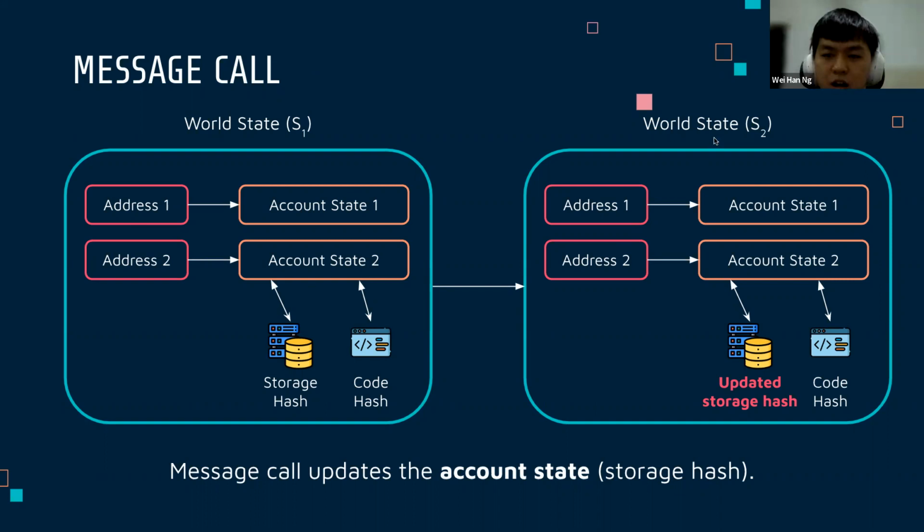So let's say once you initiated the transaction, in terms of the message call, you would update your storage, right? So to put it simply, a contract creation basically creates a new contract account, and a message call basically updates an account. Yeah, that's all, right? One is update, another one is create. Yeah, and that's it for types of transactions.